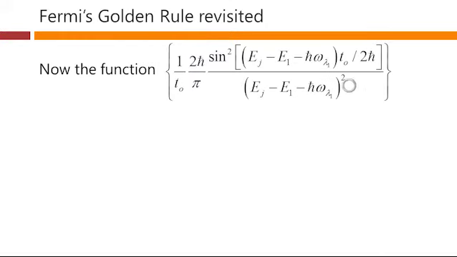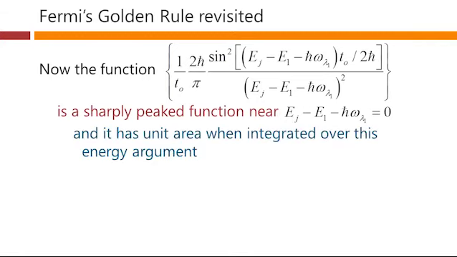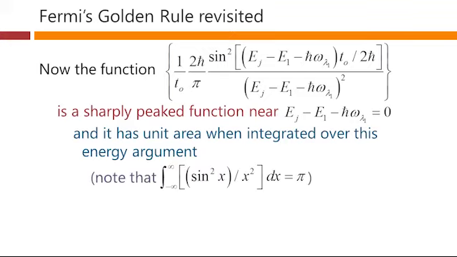Now, a function like this is a sharply peaked function near this particular value of these arguments, all of these being equal to 0, and it has unit area when integrated over this energy argument here. So that's based on the fact that the integral of this function from minus infinity to plus infinity is just pi.